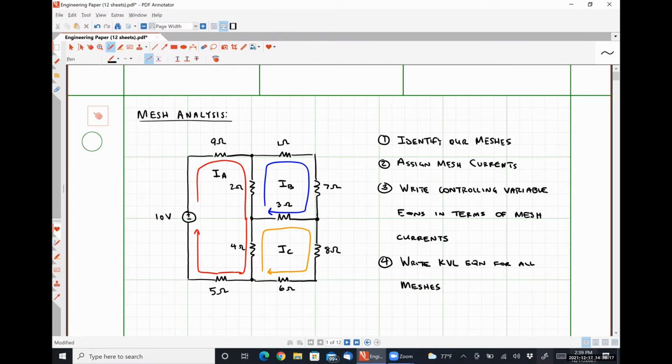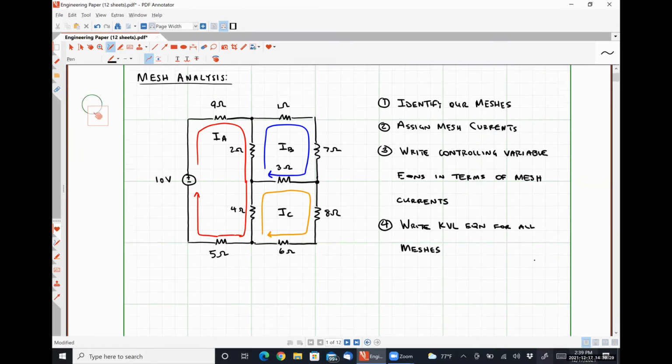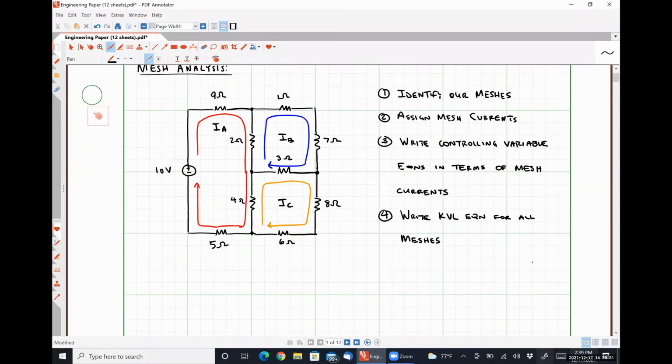And so I'm going to write these KVL equations pretty much exactly how I've always done it. I'm going to start in the bottom left-hand corner, and I'm just going to follow the current around its loop. All right. So our KVL equation for mesh 1 is going to look something like this.